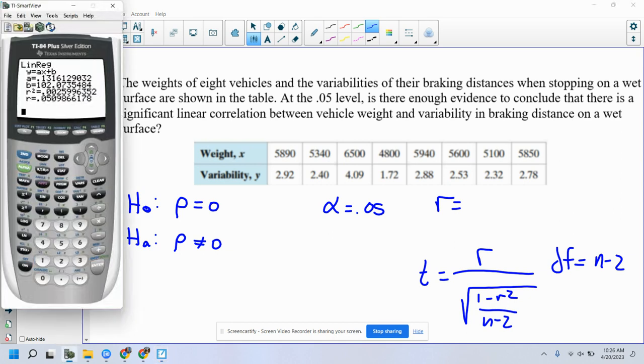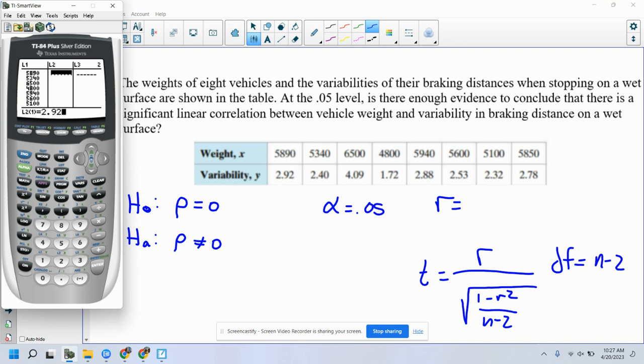So let's go in our calculators and do so. Stat, oops, not calc, edit. We clear down. Okay, I'm just going to punch everything in now. 580, 590, 59.40, 600, 100. Looks like I've got 7. Uh-oh, did I forget one? Oh, 58.50. I didn't even do the last one. Whoops. There we go.